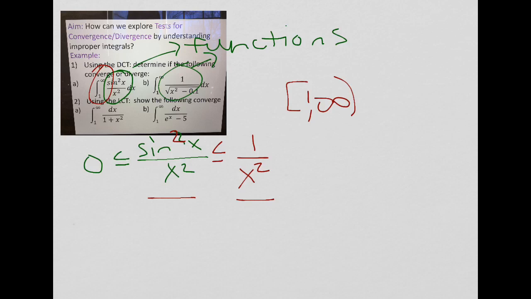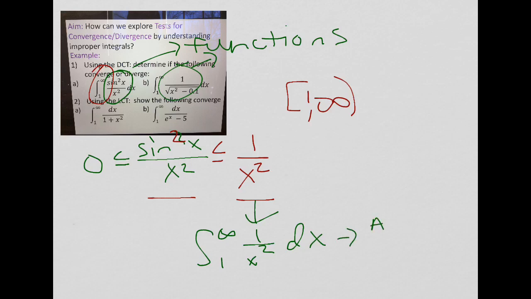And then we proceed to take a look at what this is. So if you were to find the integral of 1 over x squared with respect to x from 1 to infinity, and you find an answer, that would be great. Well, we did have an answer.